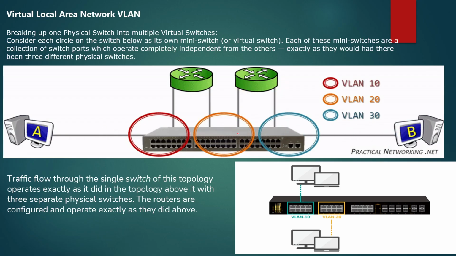Now if you create a VLAN for each department, VLAN 10 for the technical department, VLAN 20 for the accounts department, VLAN 30 for the sales department, you can divide them into multiple VLANs in just one switch.